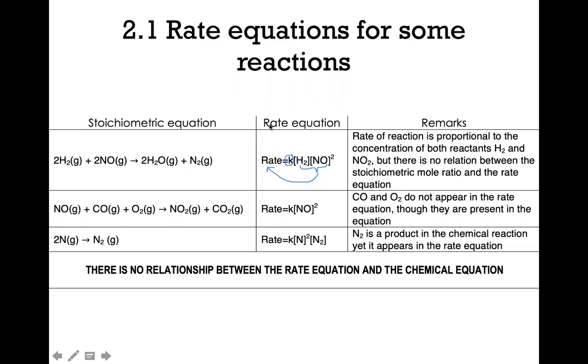Rate is mol per dm cubed per second. I am carrying the concentration of hydrogen and the concentration of nitrogen monoxide terms onto the other side, so divide by them. These two species combined would have units of mol cubed dm minus 6.